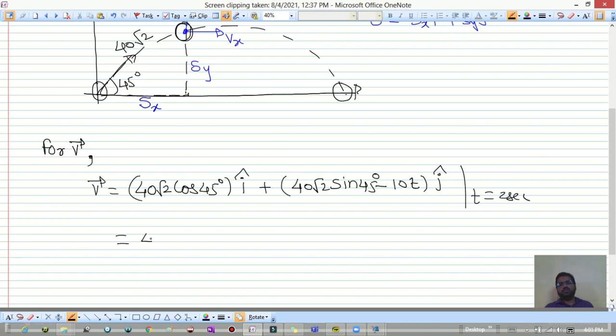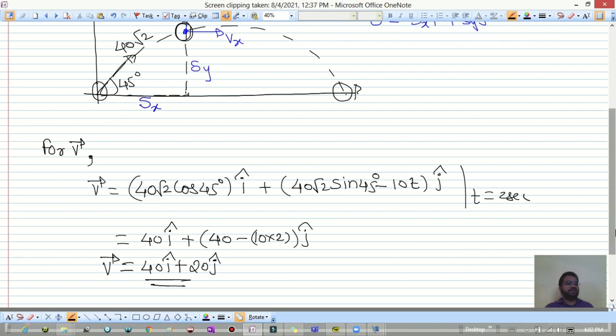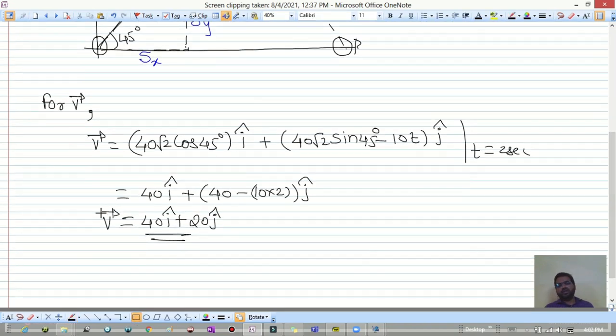So if you just put the values, you will get 40 in I hat plus 40 minus 10 into t, where t is 2 seconds, so 10 into 2, in j hat. So you will have 40 in I hat plus 40 minus 20, 20 in j hat. So this is the velocity vector we have. So I hope this is clear.